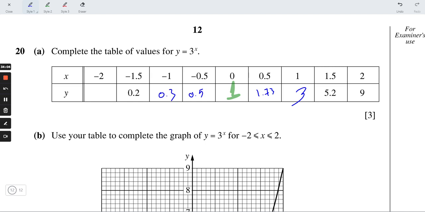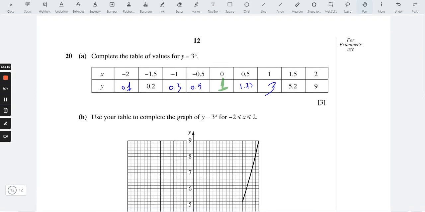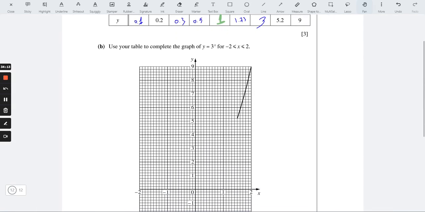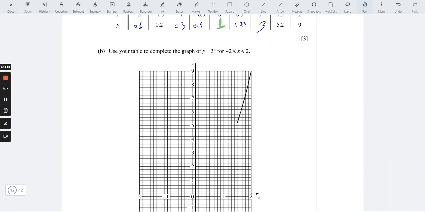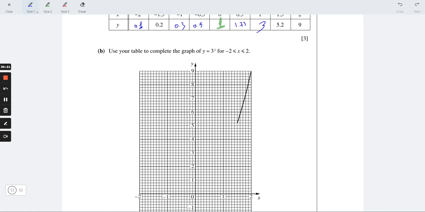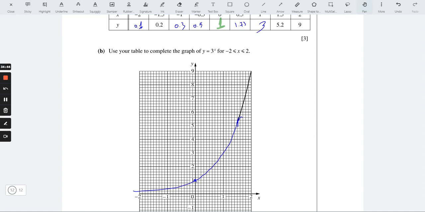Then 0.2, 0.1. Now plotting the points is easy. Once you plot all of these points, you will find a curve almost like this. You should plot all of these points. If x is 0, y is 1. This is an important one. Using that one, for sure you will be able to draw it like this.